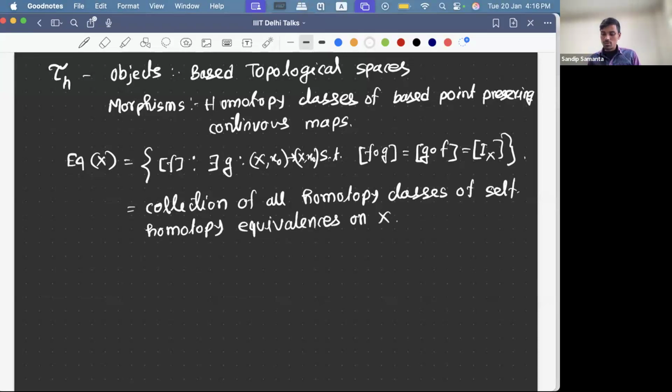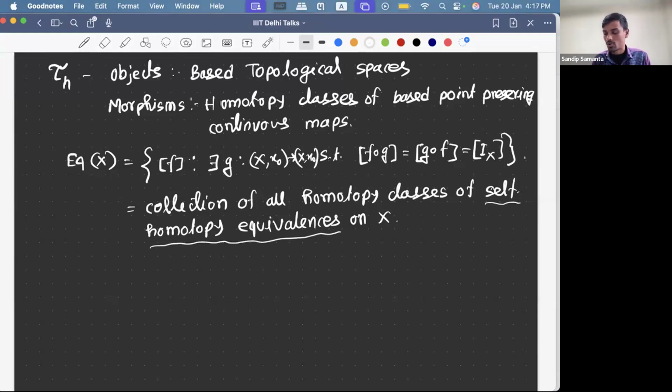So when you say homotopy equivalence, that means if F is a homotopy equivalence, then there exists G such that F compose G and G compose F are both homotopic to the identity map. That's why this is self homotopy equivalences, and we consider specifically the homotopy classes.